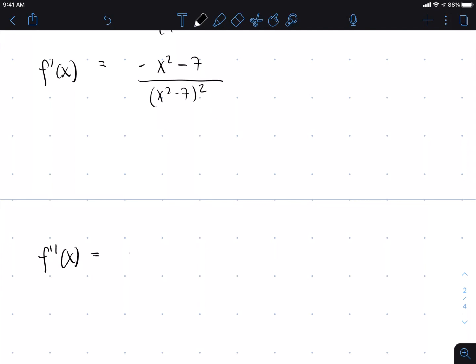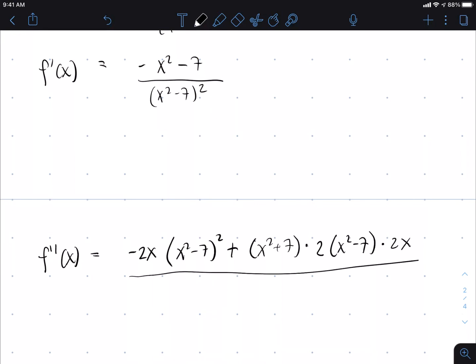So the derivative at the top is going to give me a negative 2x times x squared minus 7 squared minus, in fact, I'll make it positive, x squared plus 7 times 2x squared minus 7 times 2x, all over x squared minus 7 to the 4th.